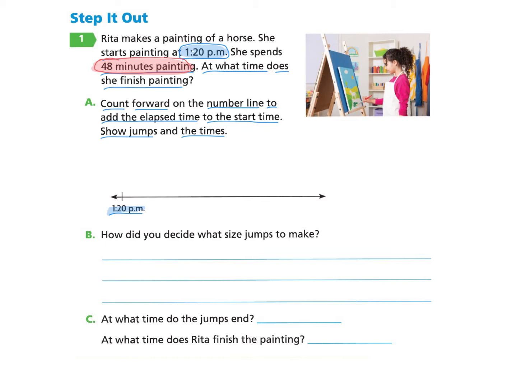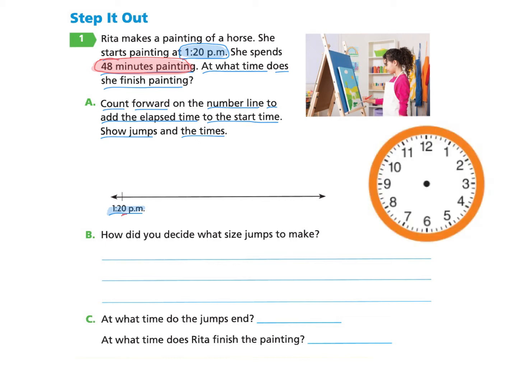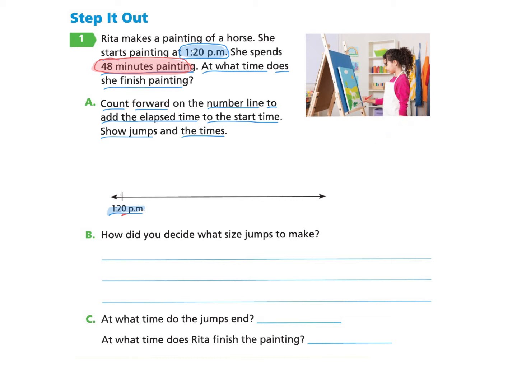So the first thing I notice is that 1:20 is a pretty compatible number because it ends in a 0, which is great. So I'm going to start by adding 10 minutes to 1:20.